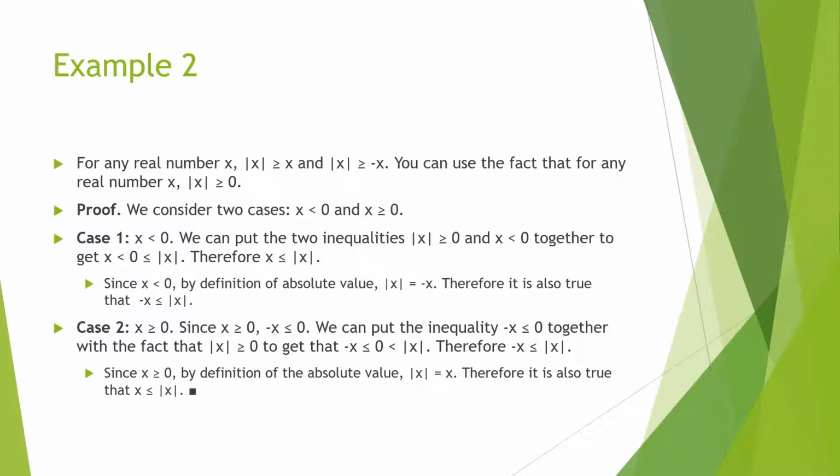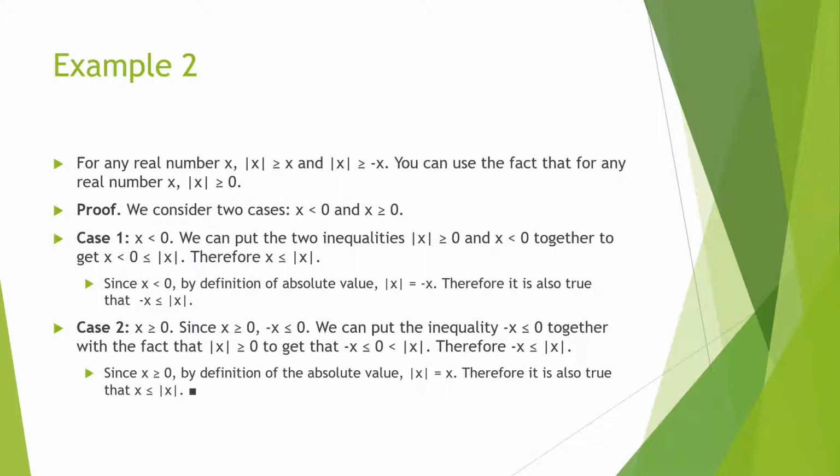It can be implied by the definition of the absolute value itself. So let's prove that absolute value of x is greater than or equal to both x and negative x. How can we prove this?